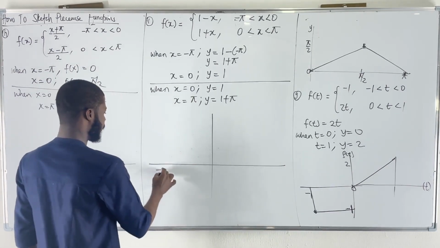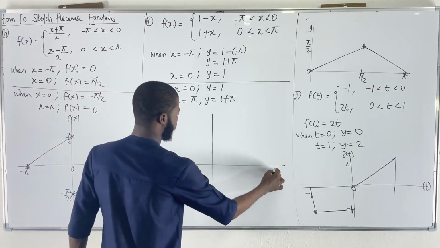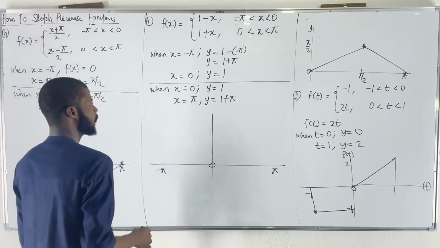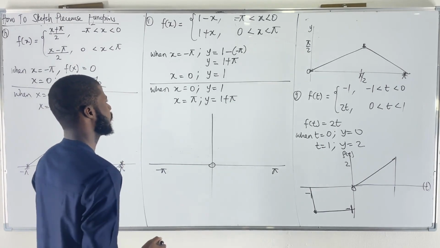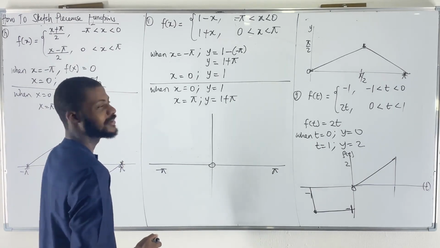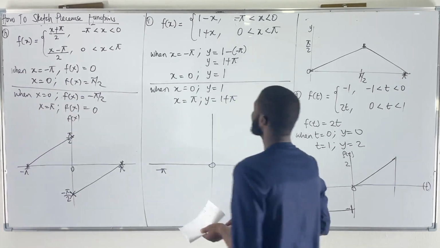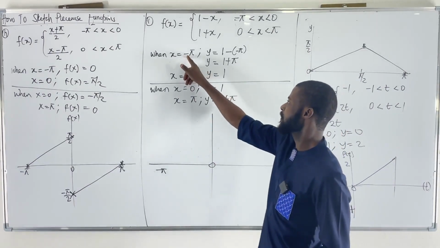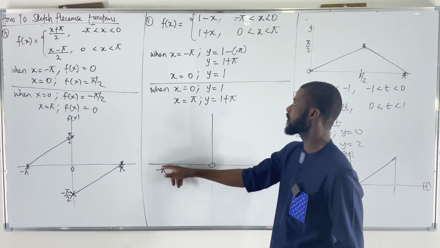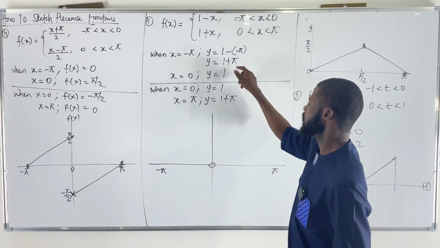Okay, so it's from minus pi to pi. There's a 0 here. So let's see what this will be. When x is minus pi, we have y at 1 plus pi.